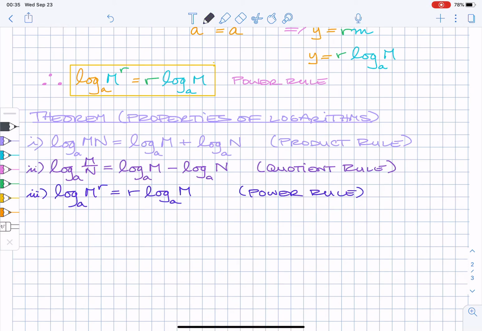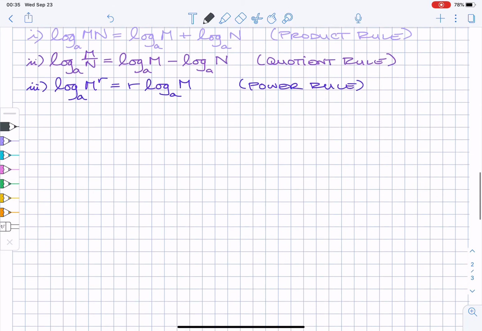So let's apply them now. So for example, let's express the following as a single logarithm.